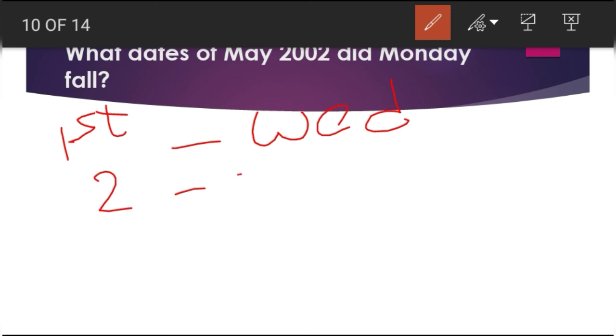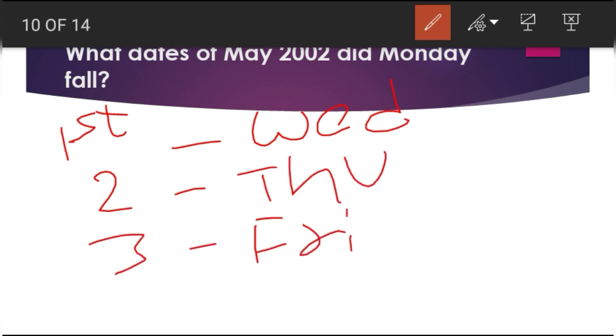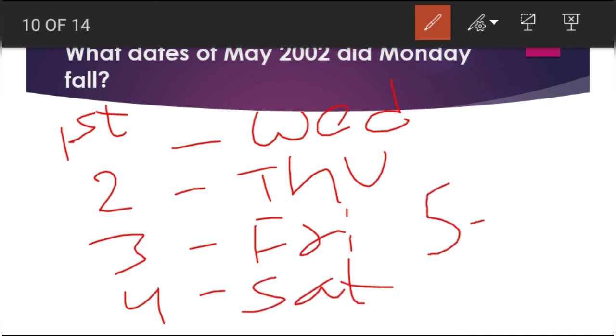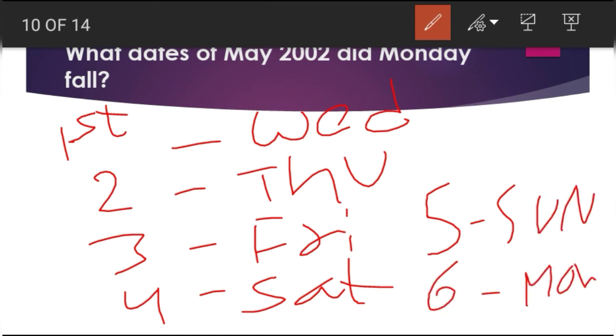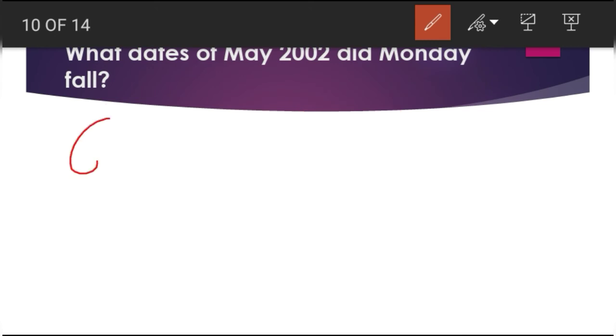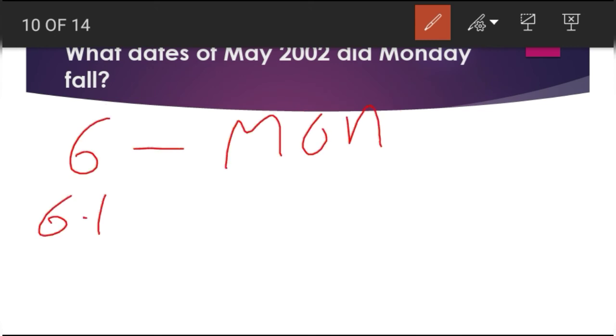2nd Thursday. 3rd Friday. 4th Saturday. 5th Sunday. 6th Monday. So 6th is Monday. 6 plus 7, that means 7 days, is the 13th. That is also Monday.